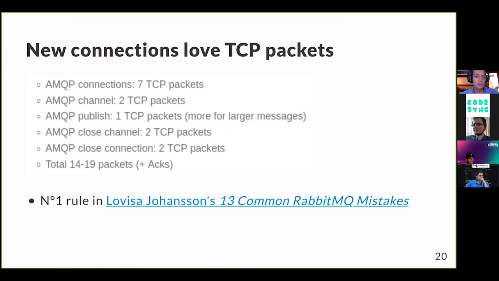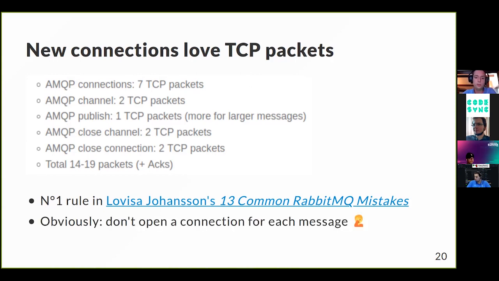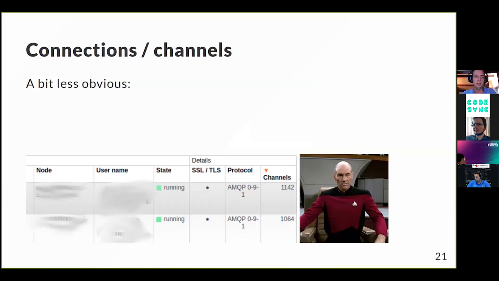When you open connections, you make a lot of requests, TCP packets, and if you open connections and channels just for one publish or one consume, it's going to give really poor performance. So obviously, don't open a connection for each message you have to write or consume. And a little less obvious, but still important, don't open a channel for each publish.